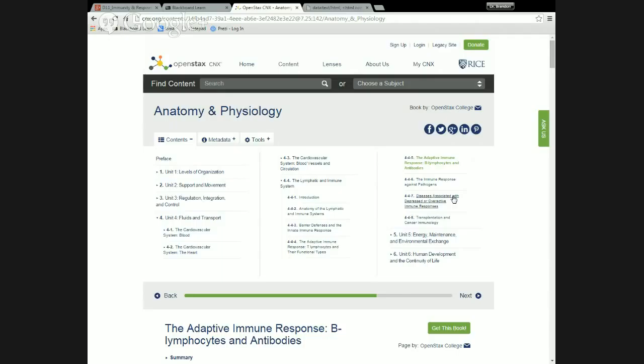And then with the adaptive response, concentrating on the life cycle or maturation of T cells with positive and negative selection in the thymus, and the activation of lymphocytes, whether T cells or B cells, leading to the production of memory cells and active cells that go out and do their job, that I talked about and wrapped up today.